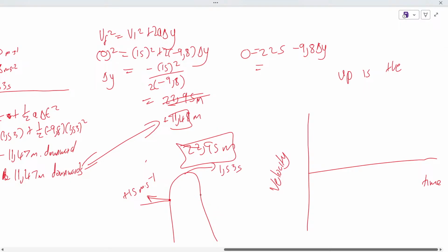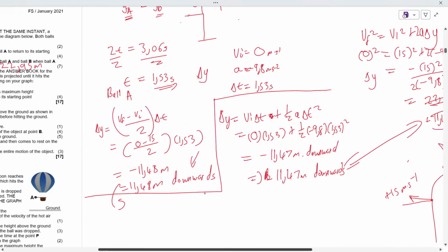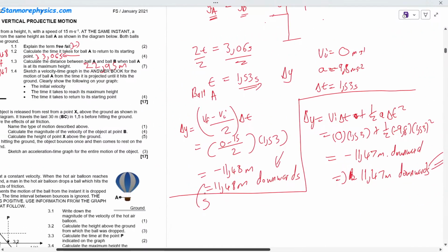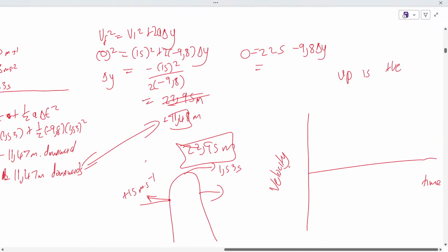They need the time when it returns to its original position, which is 3,06 seconds. So here is 0 seconds, and here the velocity is 0.